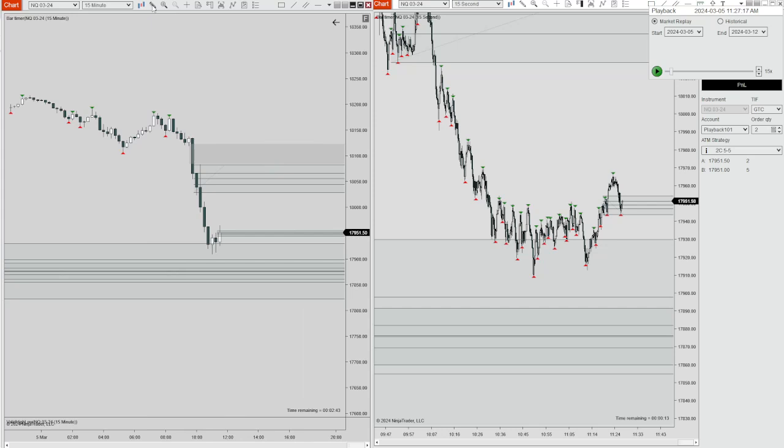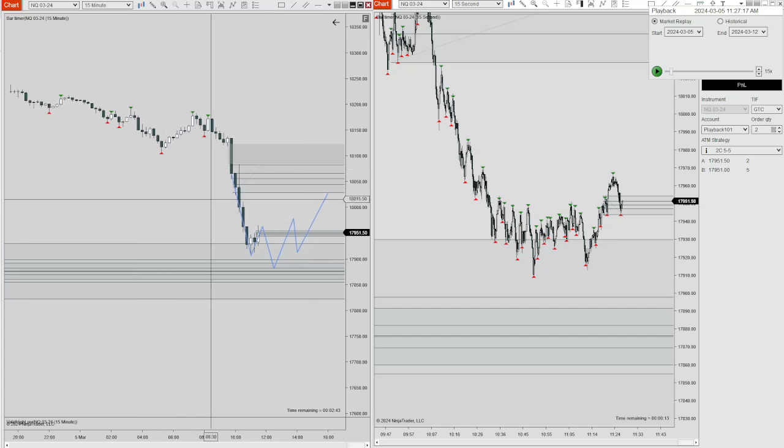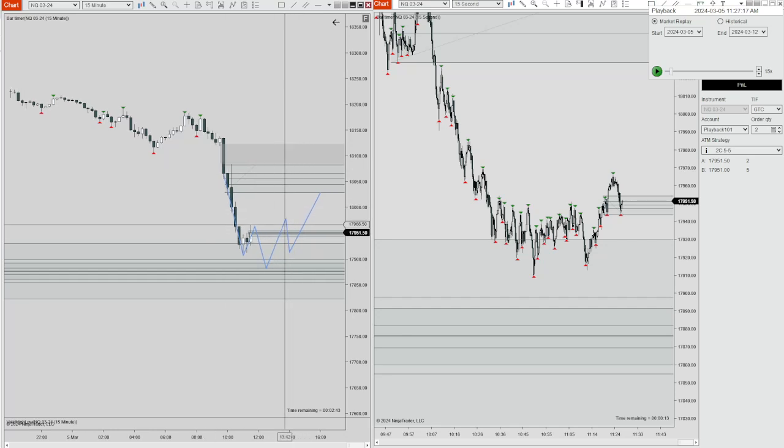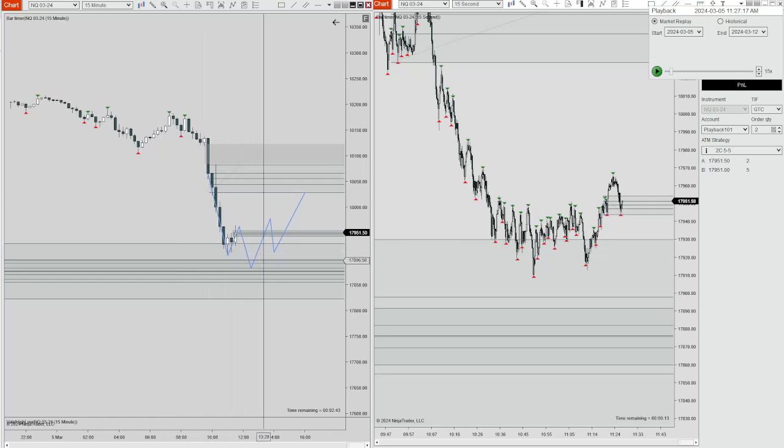I'm looking for something like this, a change in order flow, but it's never clean. It usually looks more chaotic and random than this. When I draw these changes in order flow, this is the order that you want to find in the midst of chaos and randomness, but it never looks that clean.